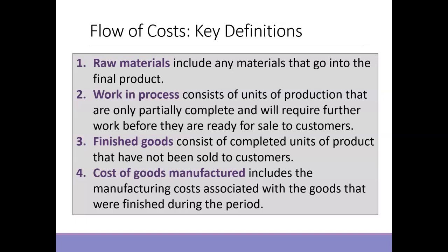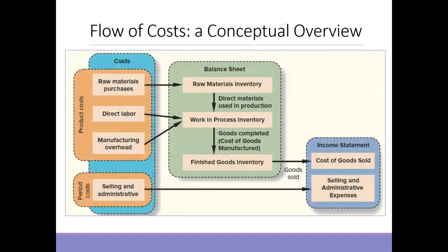Cost of goods manufactured includes the manufacturing costs associated with all goods that were finished during the period. So all of these are inventory accounts, but those inventory accounts are based on where the process is of the products. Raw materials are just raw coming in from the suppliers, ready to be utilized.